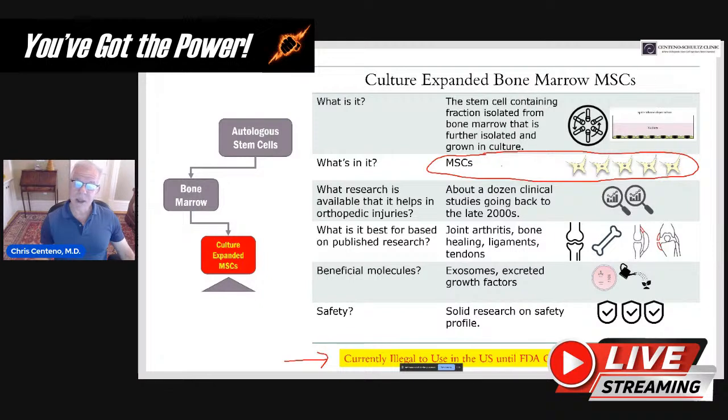Now, it contains many, many times more, generally about 100 times more mesenchymal stem cells than bone marrow concentrate, but that's a little bit offset because it doesn't contain those other cells. There's some clinical research on it, good for lots of different orthopedic issues, exosomes and growth factors, and a pretty solid research base on safety. We've published much of that data.